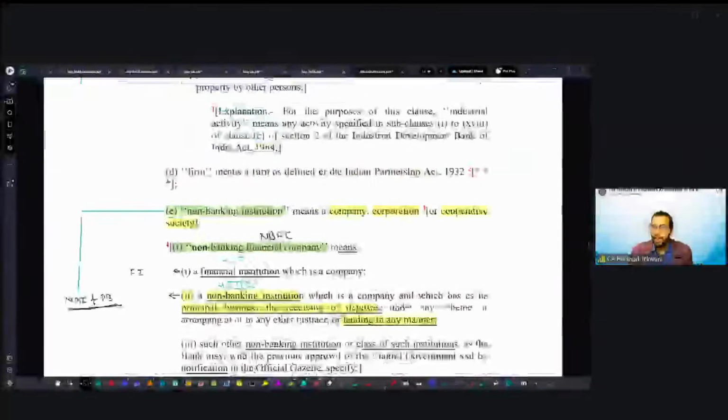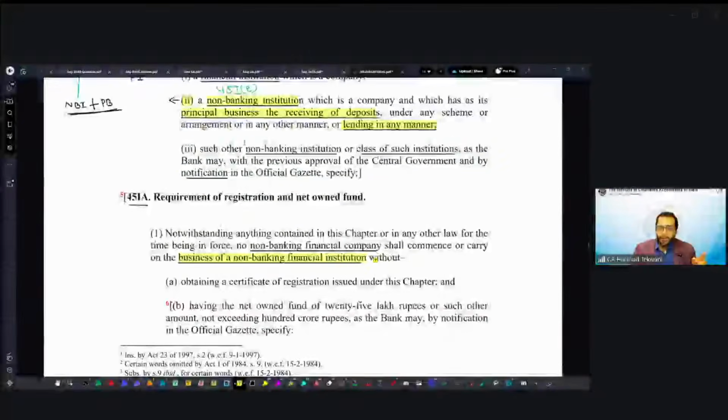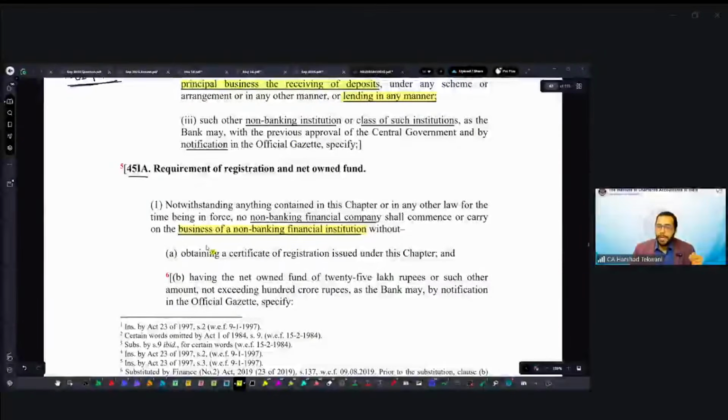No NBFC shall commence or carry on the business of NBFI. This is important. Non-banking financial company does not in itself need registration. But if you fall under any of the definitions, you should not commence your business without obtaining a certificate of registration. For that, we need to understand what is the business of a non-banking financial institution.